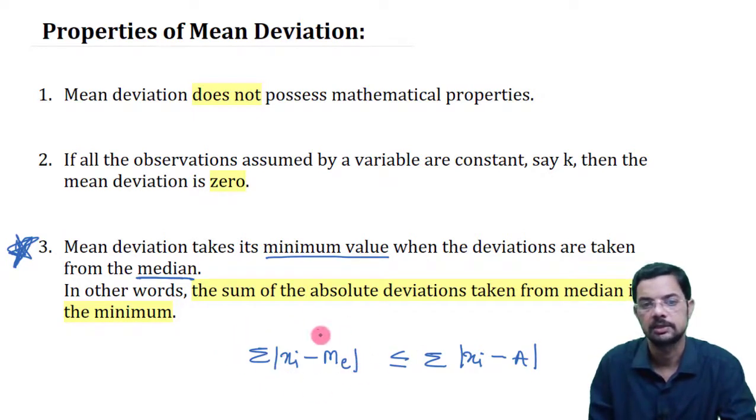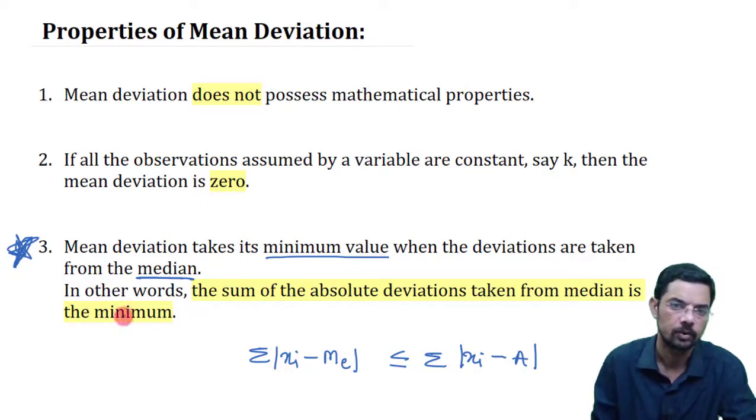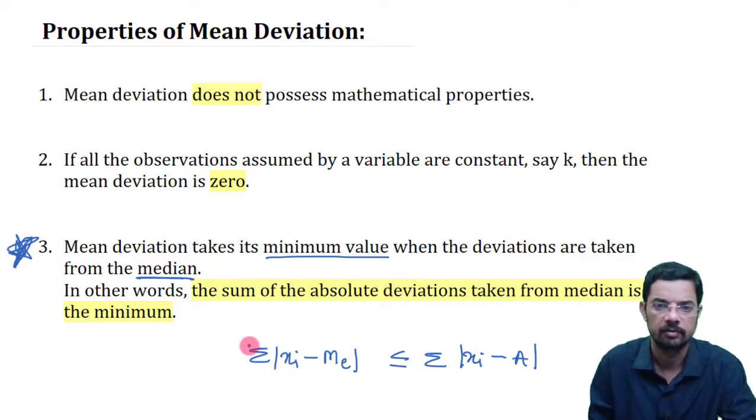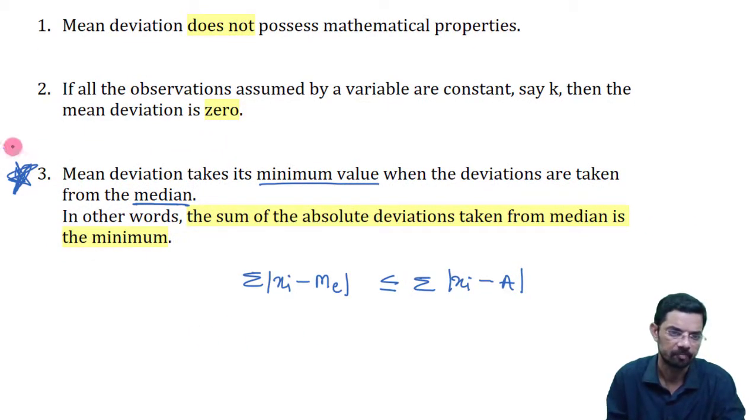It will be less than or equal to any other sum of absolute deviations. So, that is what we need to understand. If we divide by 1 by n on both sides, it says that mean deviation will be minimum.